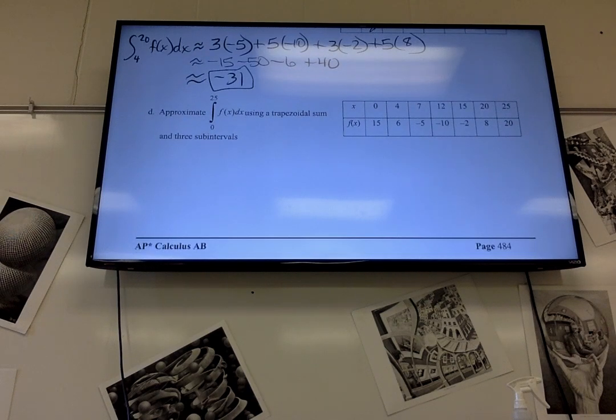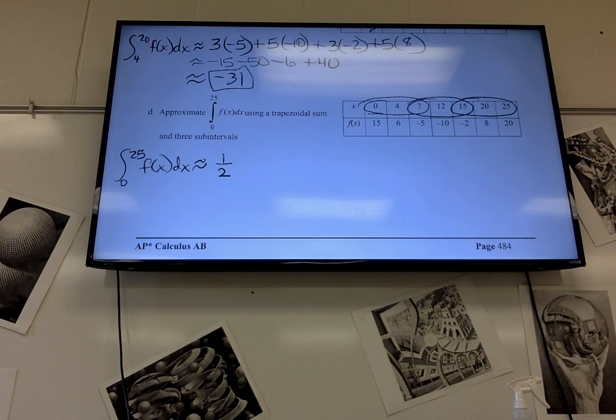Okay, on the next one, we're using a trapezoidal sum and 3 subintervals. So it is from 0 to 25, so the whole thing. So 1, 2, 3. So remember, it's 1/2 times the width.